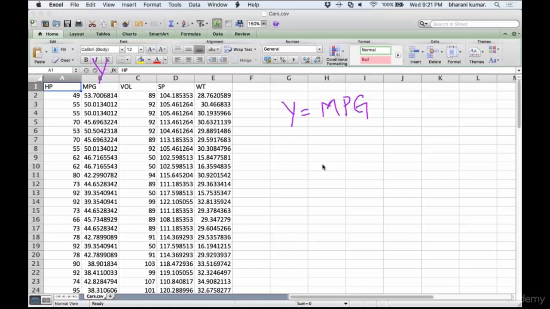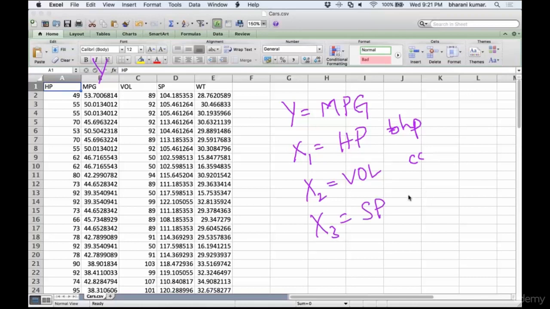MPG stands for miles per gallon. The inputs provided are as follows: horsepower, in bhp; volume, in cubic capacity; top speed of the vehicle, the third input, in some other units, distance traveled given time; and the fourth input, weight, which will be in pounds or kgs, or tons.